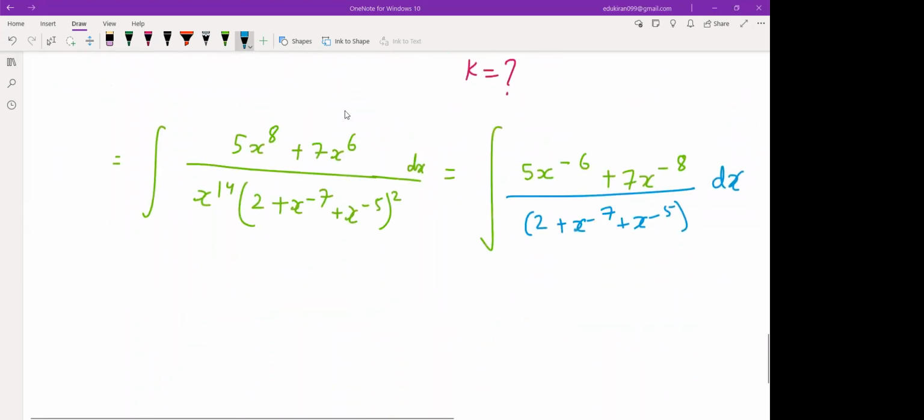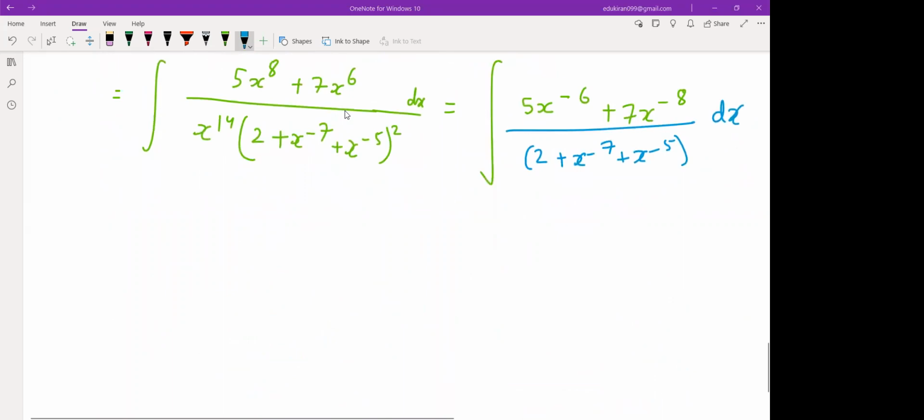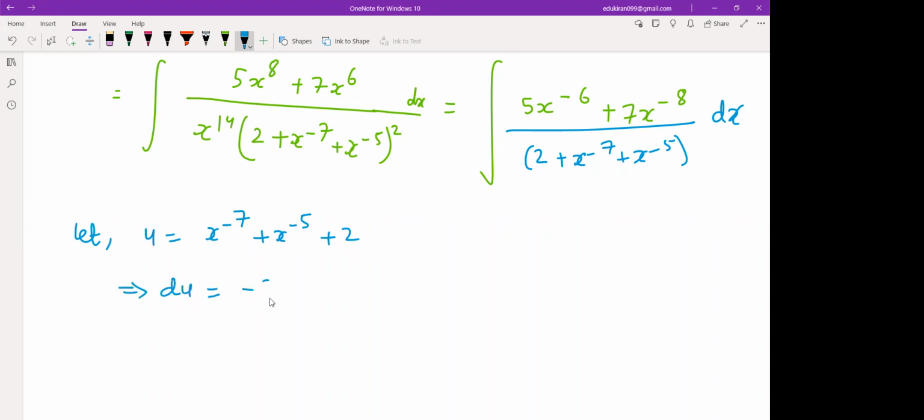So in the next step, you will get, let u is equal to x to the power minus 7 plus x to the power minus 5 plus 2. Then du is equal to minus 7x to the power minus 8 minus 5x to the power minus 6 dx. Yeah, fine.